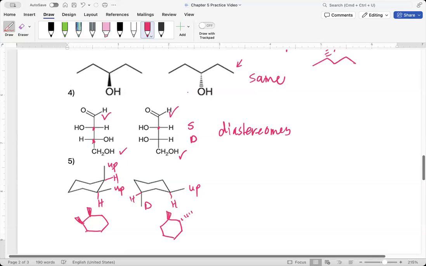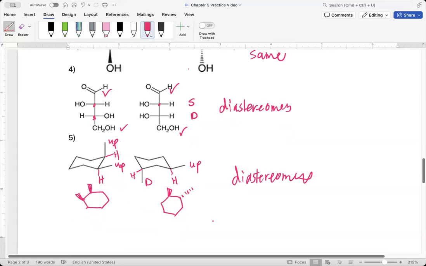So we've got same, then different. So again, these are diastereomers of each other. If both were flipped, then they would be enantiomers. But since we have one that's the same and one that's different, these are diastereomers.